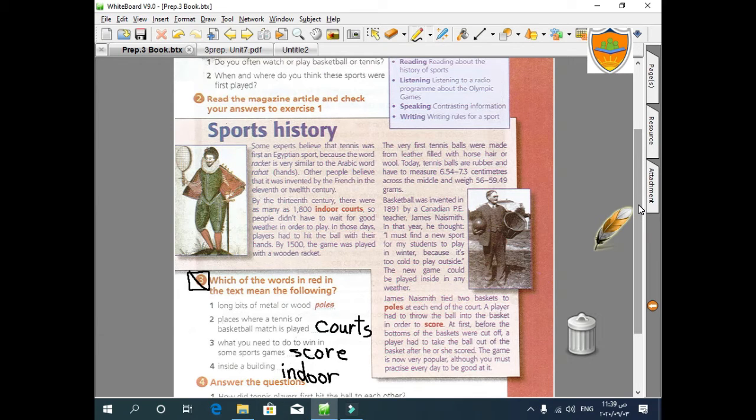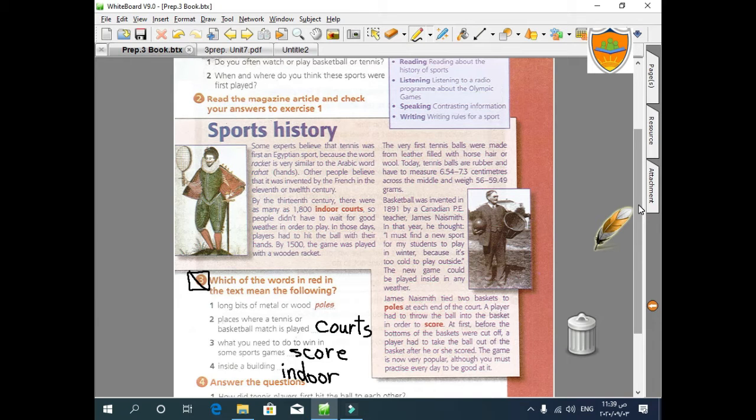By the 13th century, there were as many as 1,800 indoor courts. So people didn't have to wait for good weather in order to play. In those days, players had to hit the ball with their hands. By 1500, the game was played with a wooden racket.